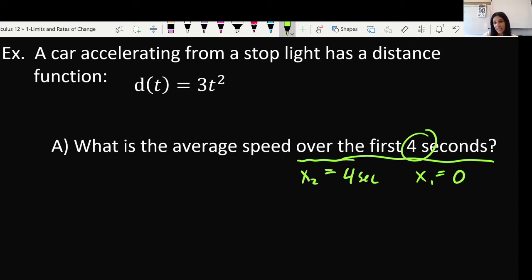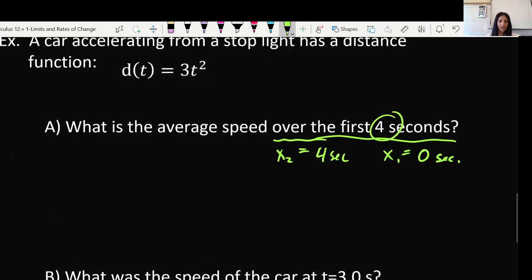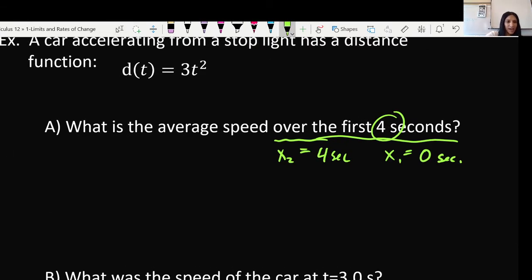So I'm going to make that 0 seconds. Okay, so if we are looking for our average speed, that would be our total distance over our total time.